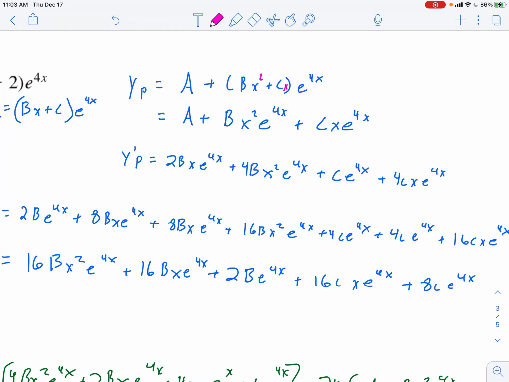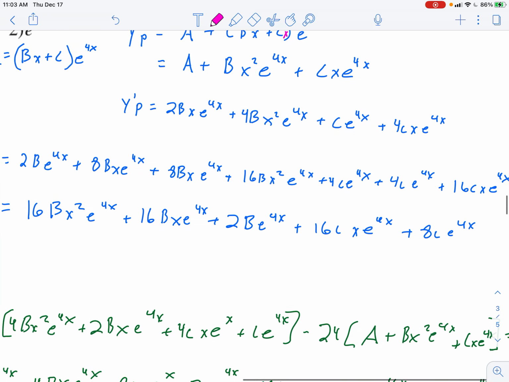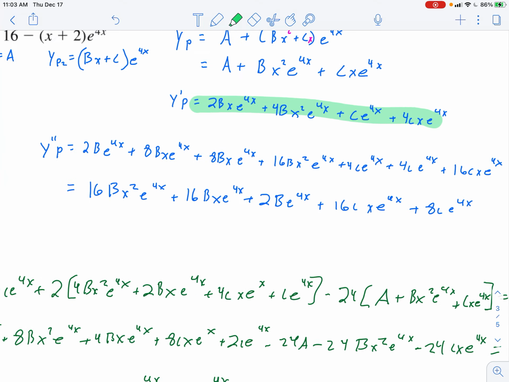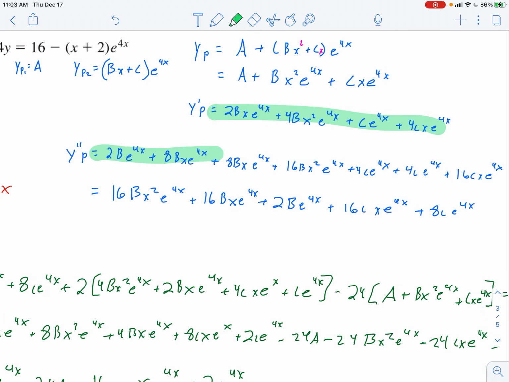You could take the derivative of this one or this one, whatever one you want to work with first. Sometimes people think it's easier to work with all the parts spread out or with the parts together. It's up to you. You're going to get the same thing if you do it right. Take the derivative, we get the derivative there. Then take the derivative of that, and you get this long bad boy, which is fun.